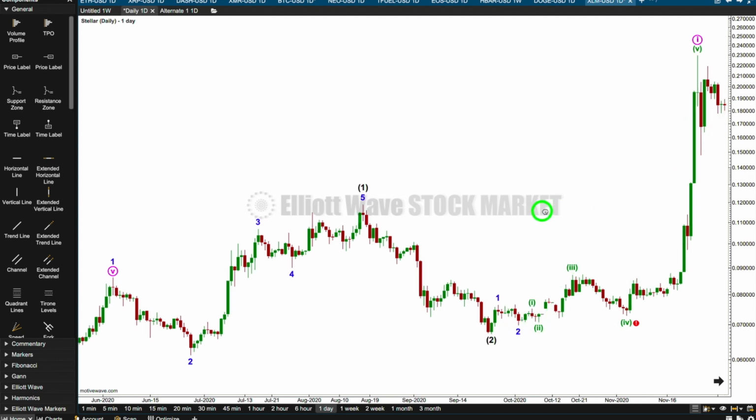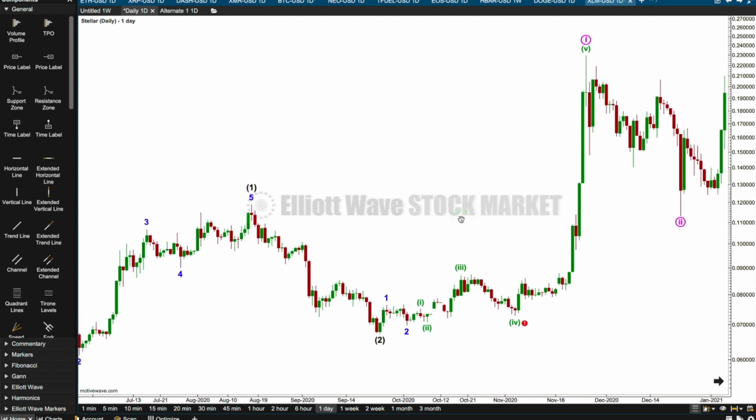That's not going to work either. Well, I mean, that could be a huge leading expanding diagonal, but that just looks ridiculous. I can't label that. No, I'm going to pull this down here.